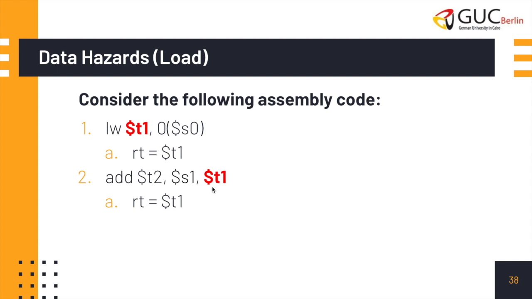So as you can see, I am adding the value of register S1 to the value of register T1. Therefore, RT is now T1. RT is the second operand, and the read after write dependency is now occurring on RT and not on RS. Therefore, I need to check whether RT of instruction 2 is equal to RT of instruction 1 or not.